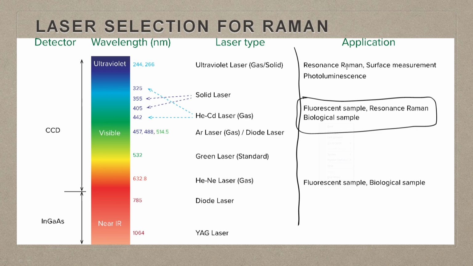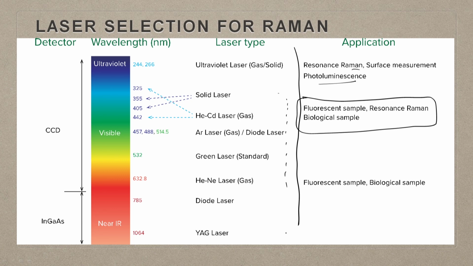Ultraviolet, these are for resonance Raman, surface measurement, photoluminescence, and fluorescent biological samples. So mostly if you look at it, these are the kind of lasers you have to use. Depending on what kind of sample you will be dealing with, you have to pick the laser, and you have to be really careful while you pick it, because there are several aspects.